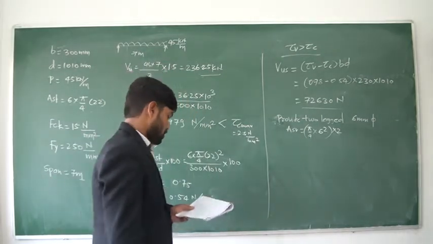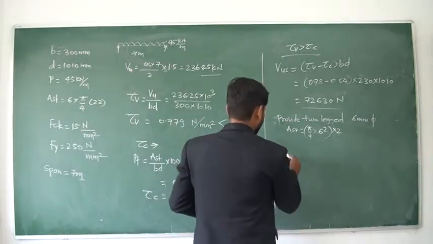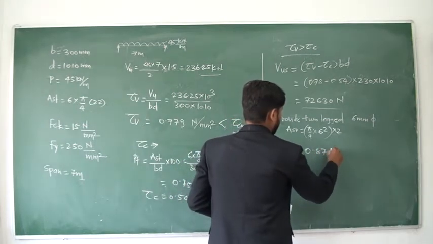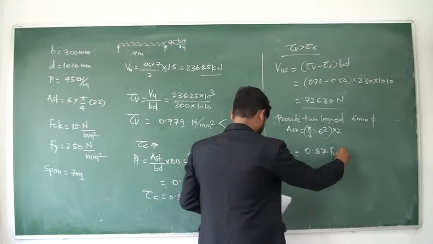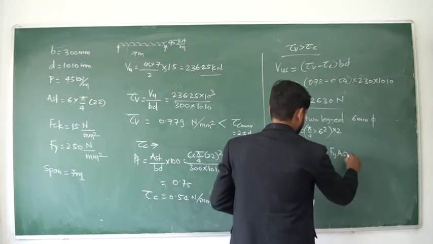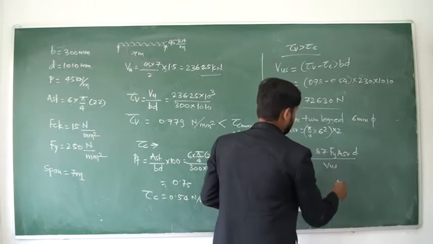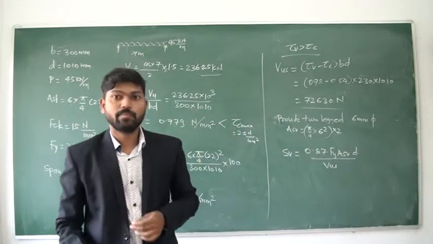Now we will calculate the value of Sv, that is 0.87 fy into Asv into d divided by Vs. That is the formula.